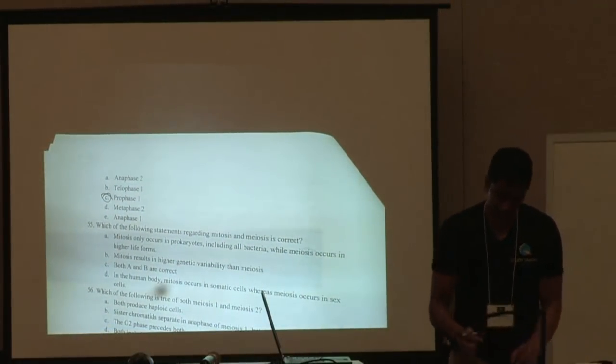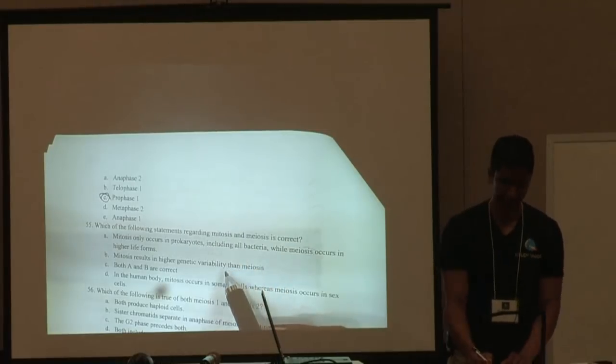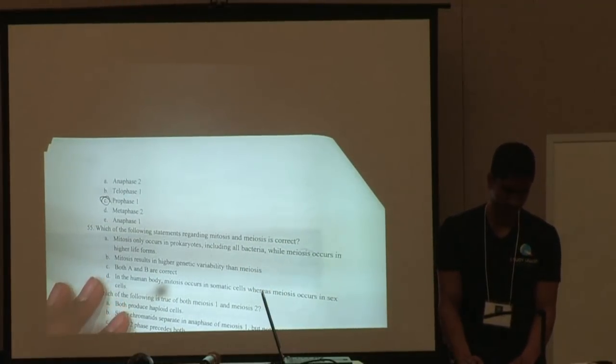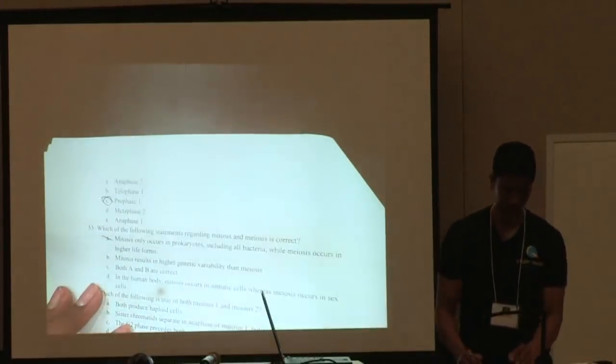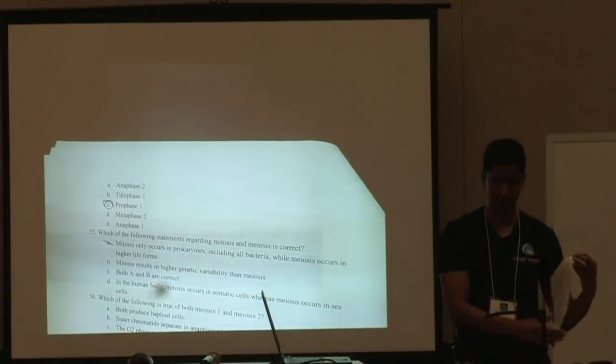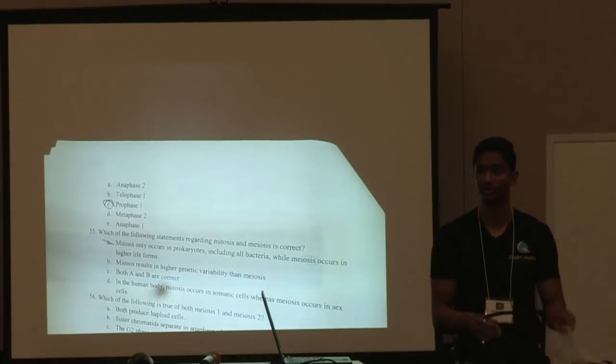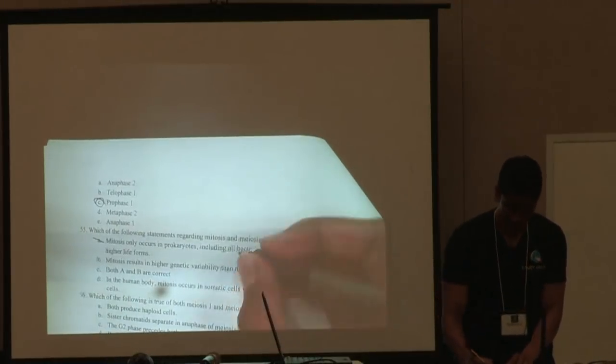Which of the following statements regarding mitosis and meiosis is correct? Does mitosis occur only in prokaryotes? No. Does it result in higher genetic variability than meiosis? No. Is there any genetic variability from mitosis? No, it's the same thing, right?